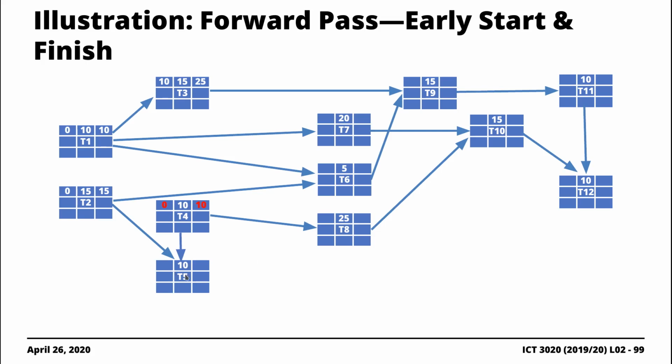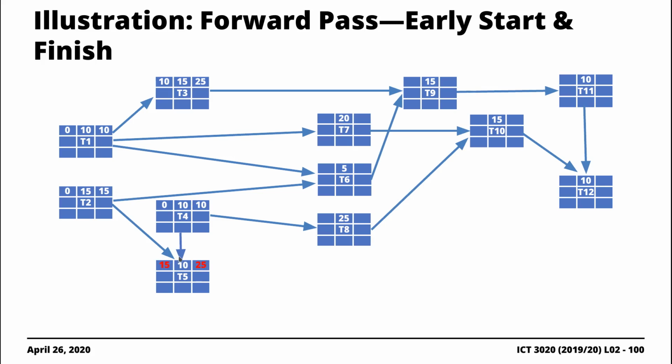So in this case, T5 has a dependence on T2 and T4. So we shall get the maximum between T2 and T4, which is 15, right? It's either 15 or 10. So 15 is maximum. We put 15 here. We add 15 and 10, we get 25.